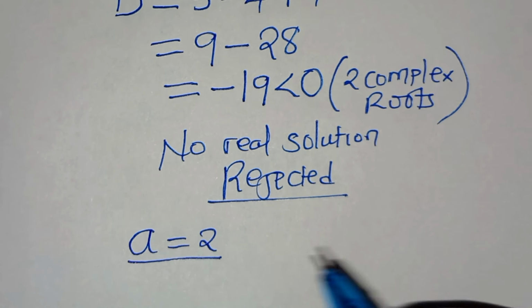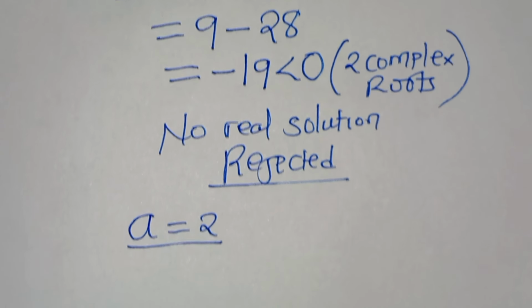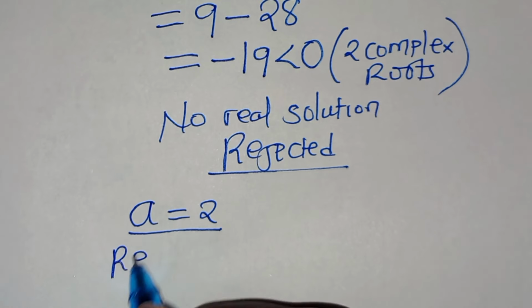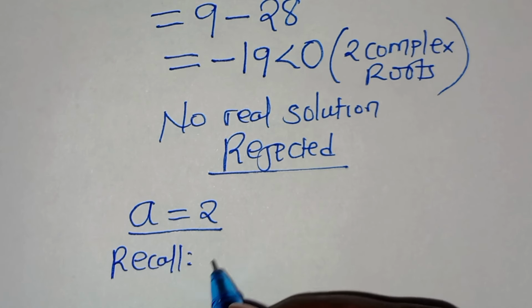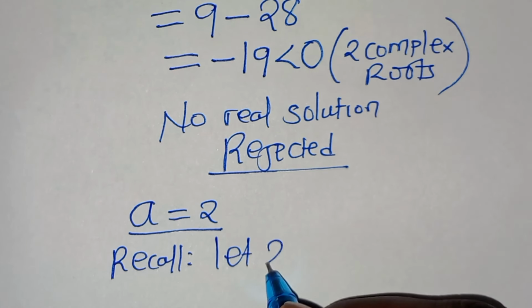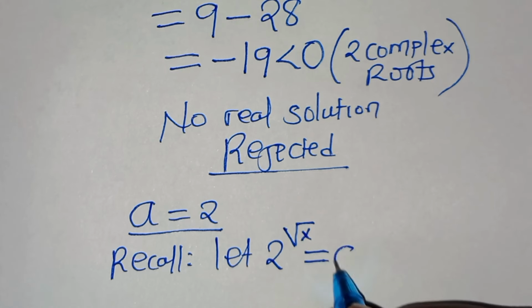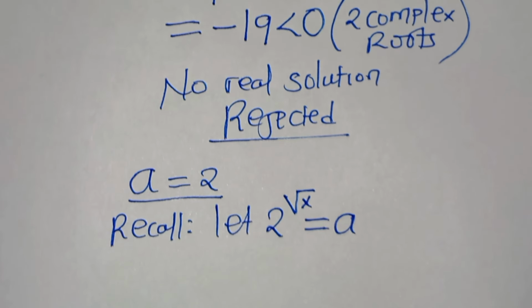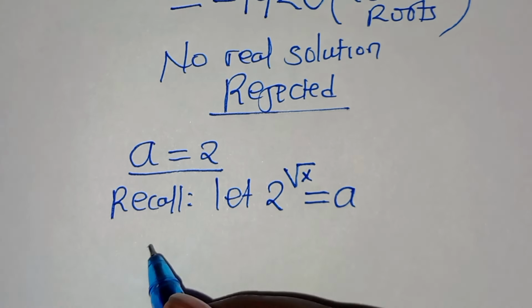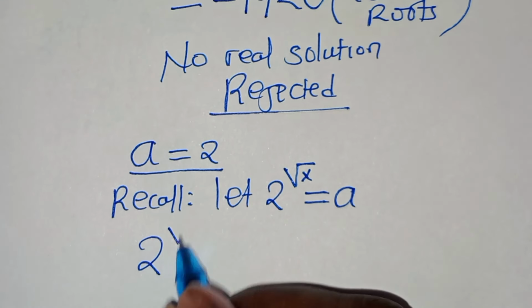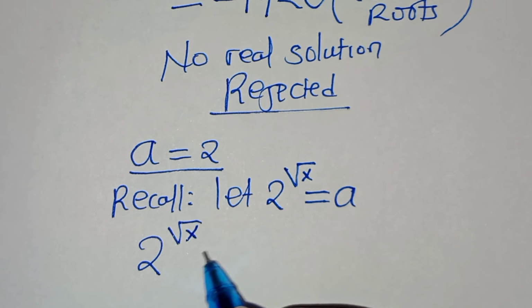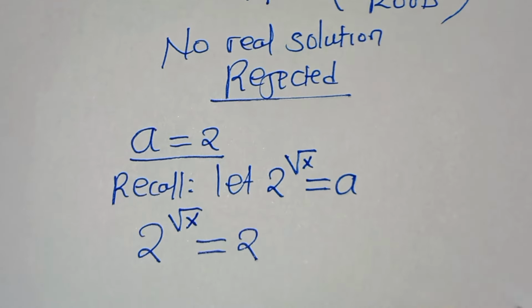We have that a is equal to 2. And if you recall, we let 2 to the power of square root of x be equal to a. Let's substitute a, so that we have 2 to the power of square root of x be equal to 2.